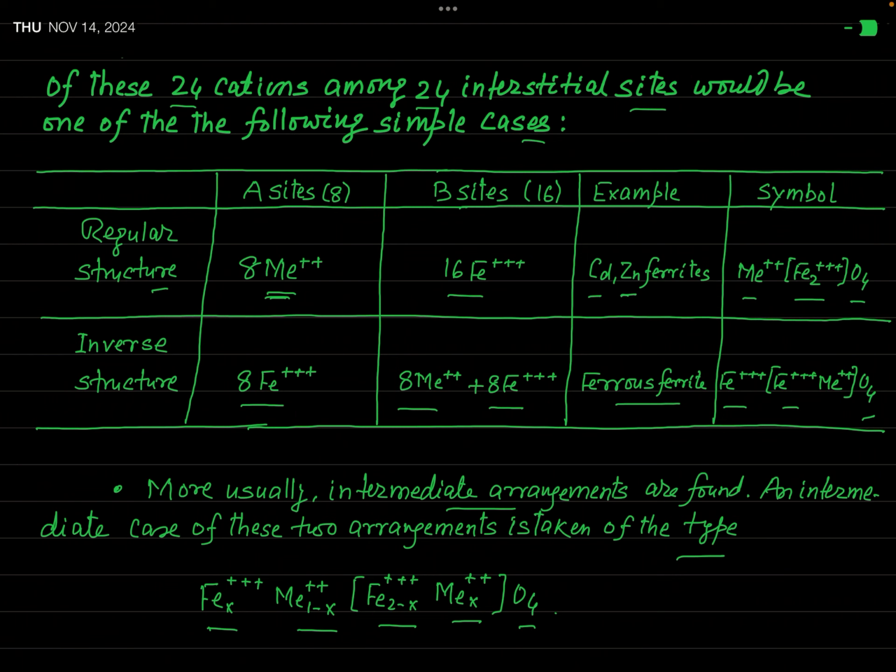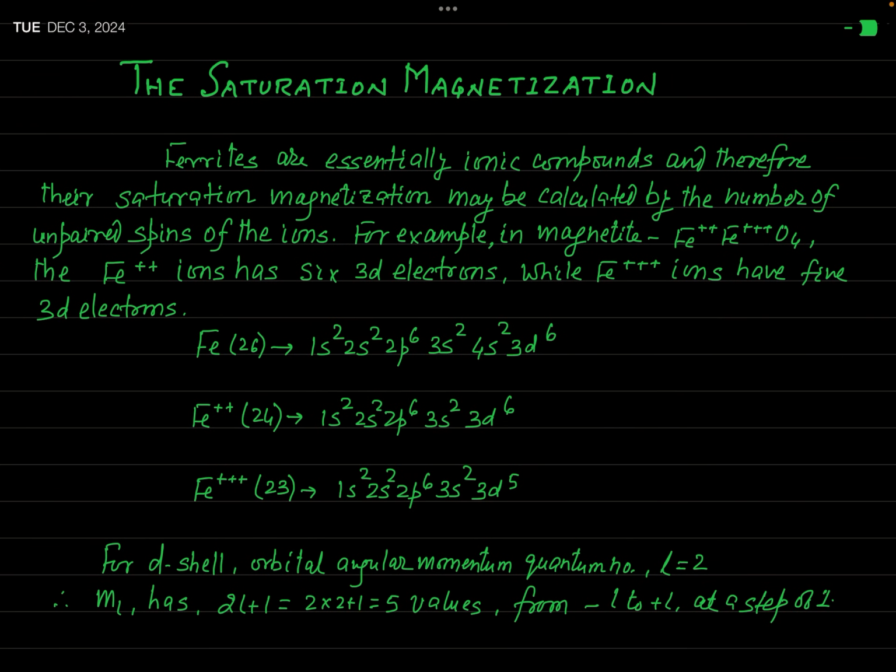Now we will talk about the saturation magnetization of these ferrites, or the ferrimagnetic material. When you talk about saturation magnetization, you should think that these ferrites are essentially ionic compounds.